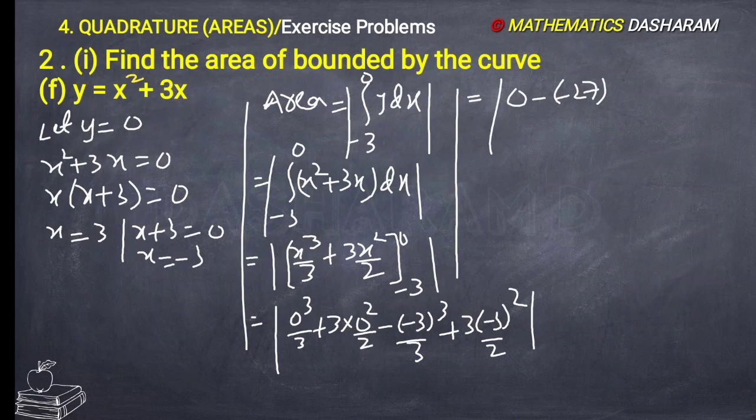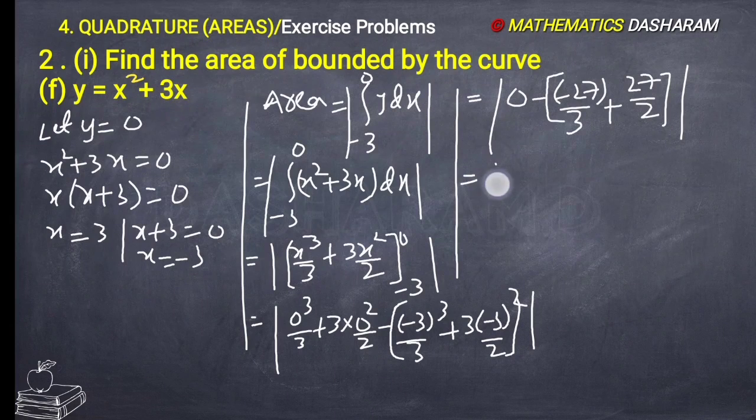So it is equal to a total of 0 minus... 3 whole cube is minus 27. Sorry, here we should apply the bracket. Take the bracket: minus 27 by 3 plus minus 3 whole square is 9, 9 threes are 27 by 2. So it is equal to 0 minus of minus plus 27 by 3. Here we can remove the 0.